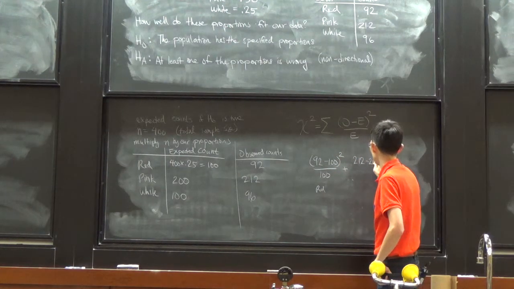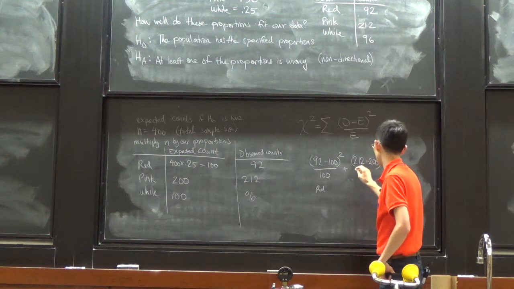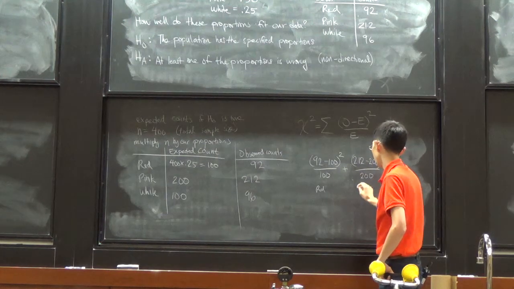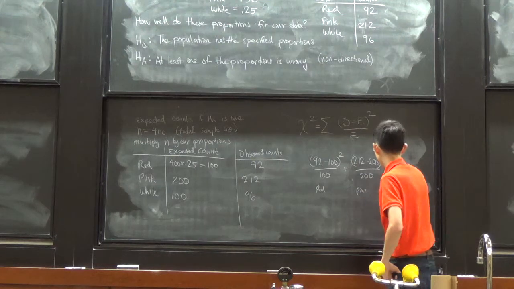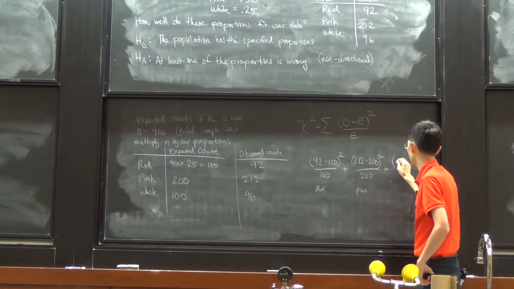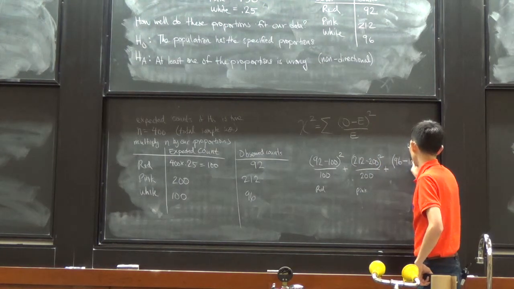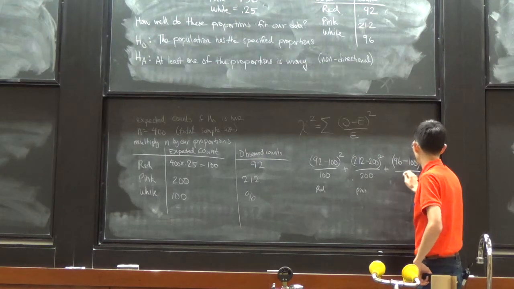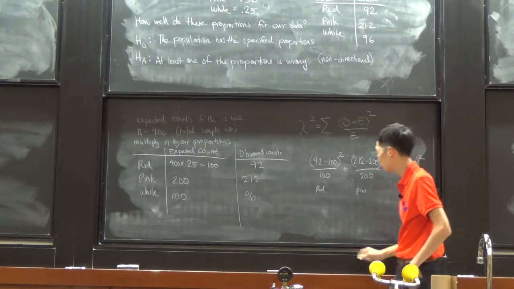212 minus 200 squared over 200. And for white, 96 minus 100 squared over 100.